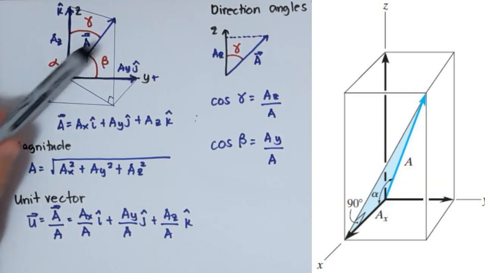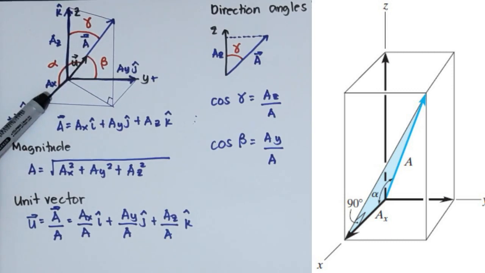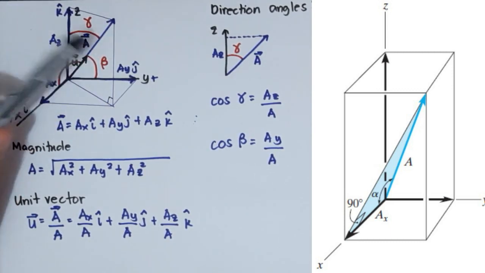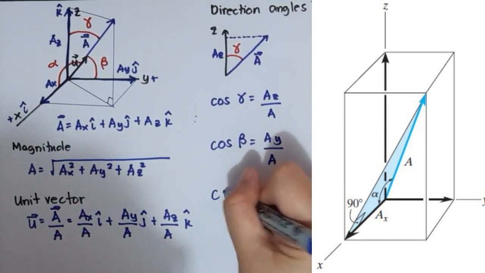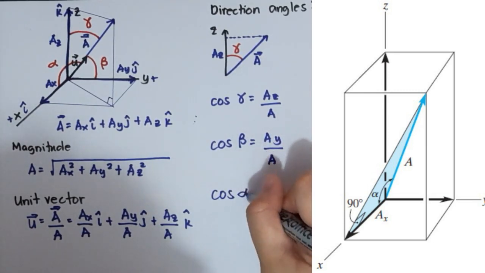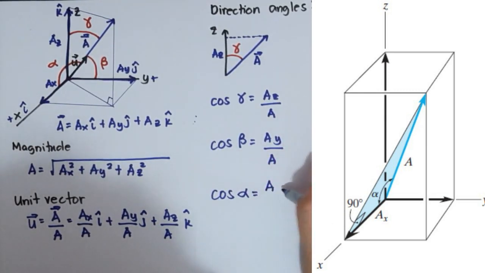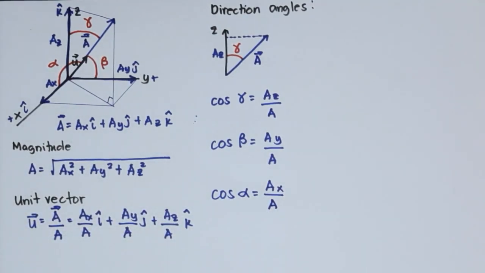If we look at this in 3D form, we can have this as the right triangle with reference to A. So cosine alpha is equal to ax over A. These are the formulas for the direction angles of our vector A.